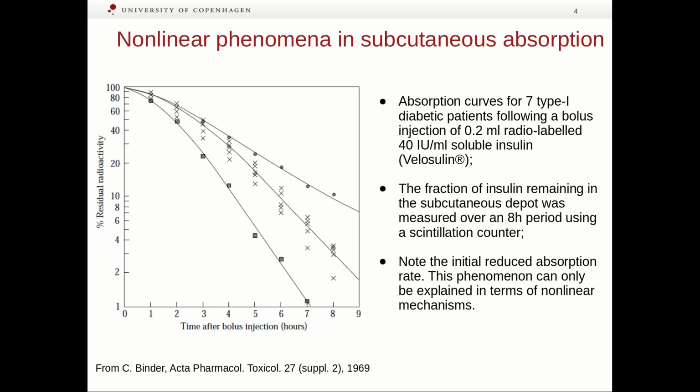But in this particular case, we see that the slow absorption rate is first, and then the fast absorption rate comes later. This must mean in some way that the interactions, the processes involved in this system, are nonlinear.